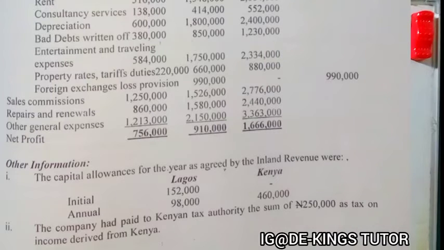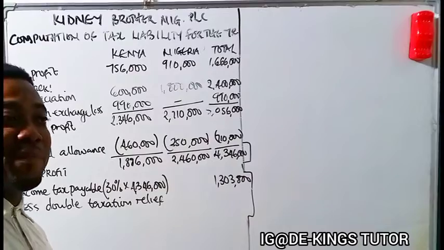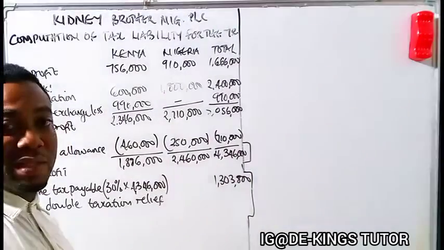They said in the question that the company had paid to the Kenya tax authorities the sum of 250,000 as tax on the income derived from Kenya. They've already paid tax on it, 250,000.